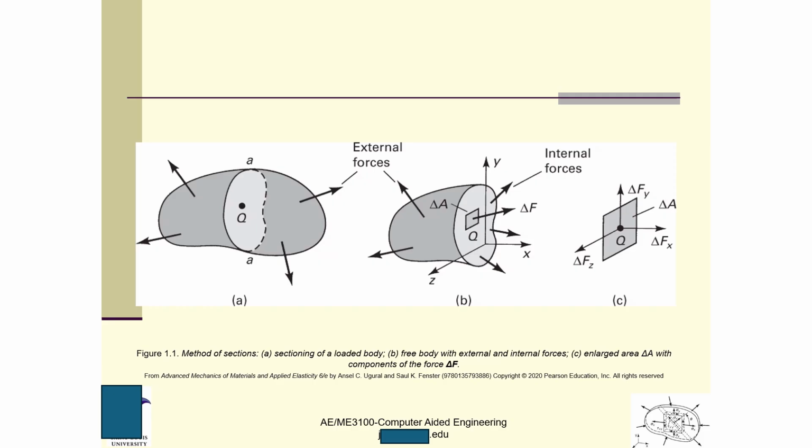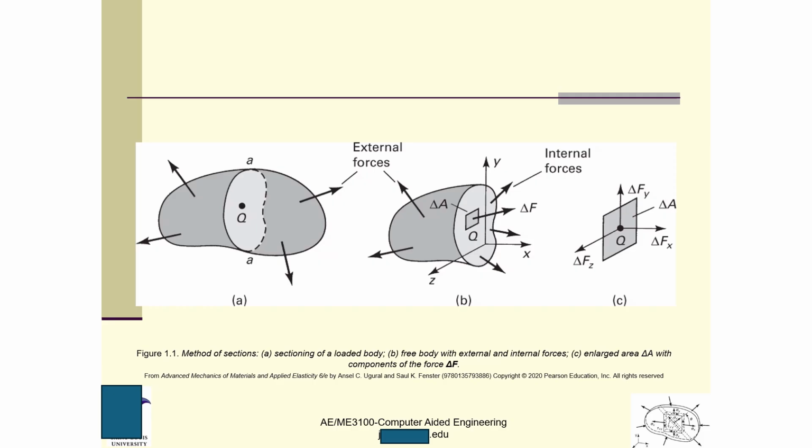So we have a force. This is the internal force for this problem domain, but for the left part, it will be an external force. You can see this is F here.